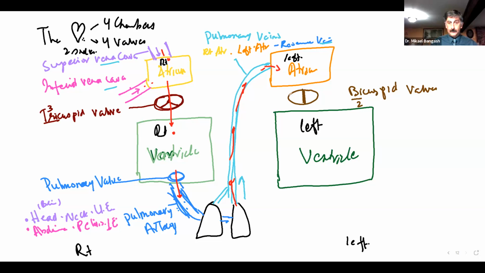So this is the bicuspid valve. And simply, as I said, when a valve opens, blood goes from room number 1 to room number 2. In this case, we can say blood goes from the left atrium into the left ventricle.